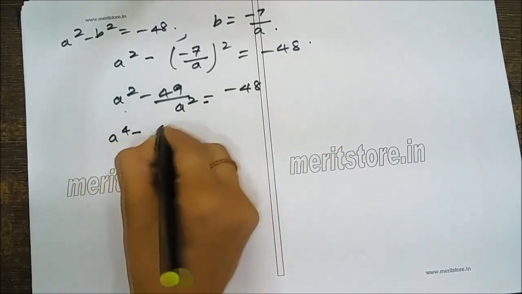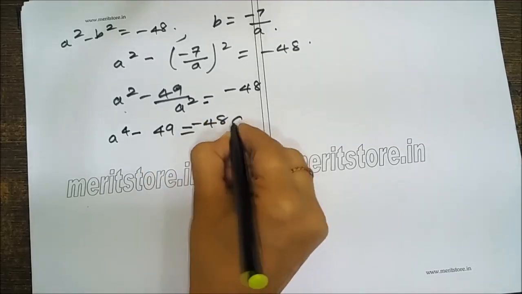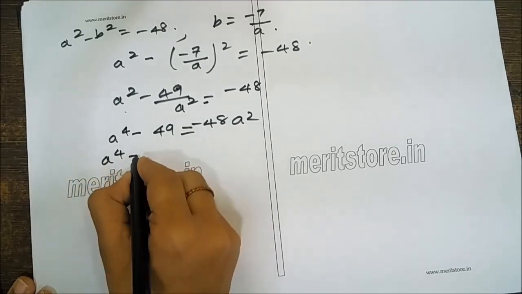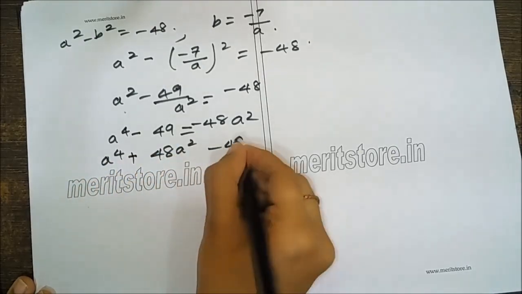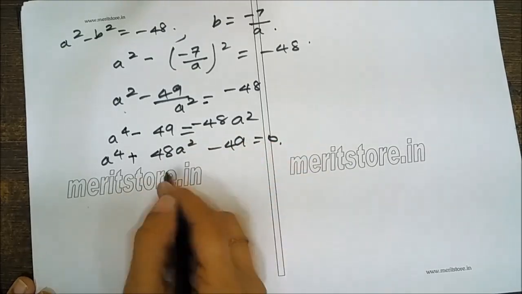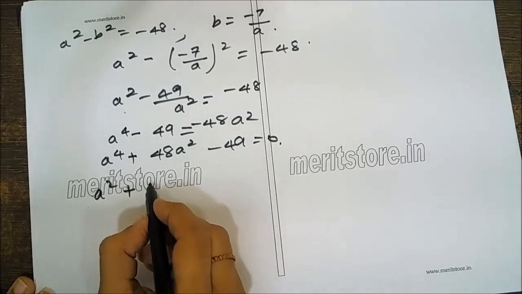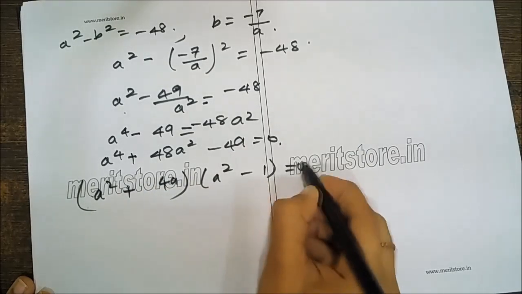So a raised to 4 plus 48 a square minus 49 equals 0. Factors: a square plus 49, a square minus 1 equal to 0.